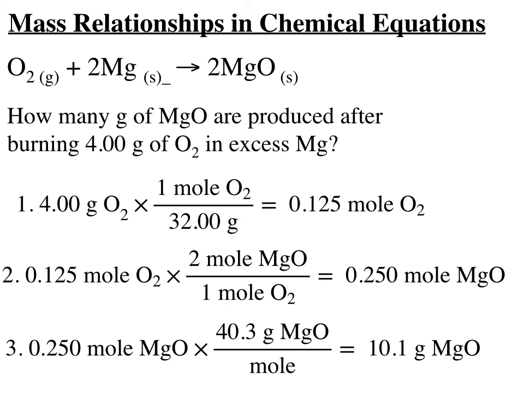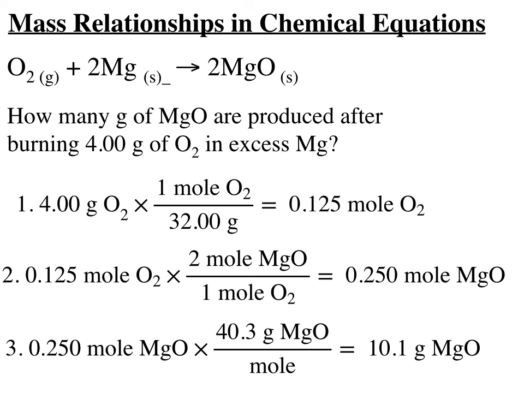Now then, and only then, can I use the stoichiometry to convert moles of O2 into moles of MgO. According to the balanced equation, every time 1 mole of O2 goes away, 2 moles of MgO show up. So there's a 2-to-1 ratio that I line up to eliminate the O2 and produce MgO.